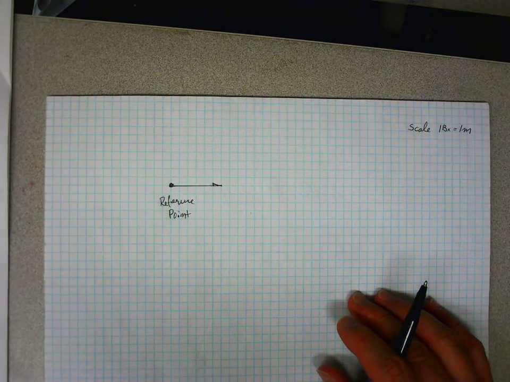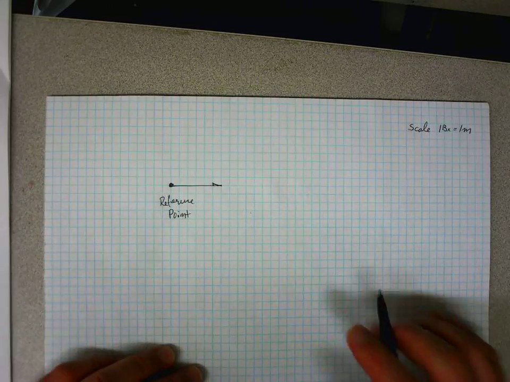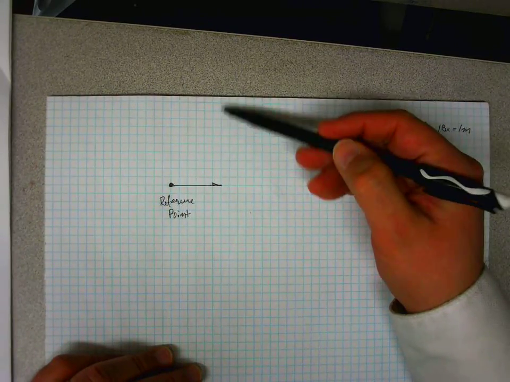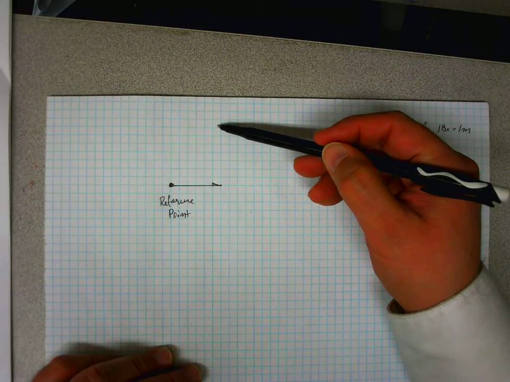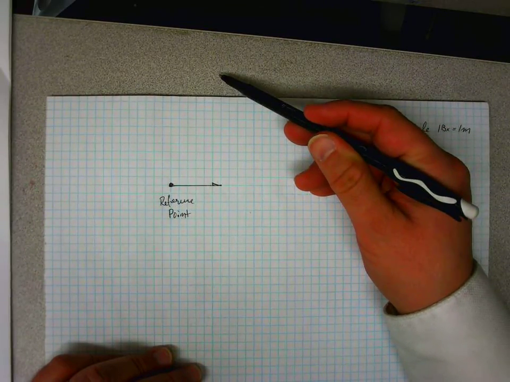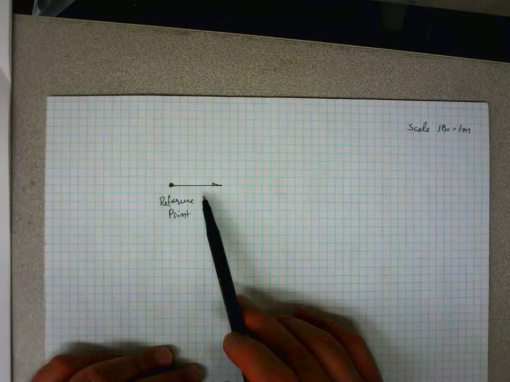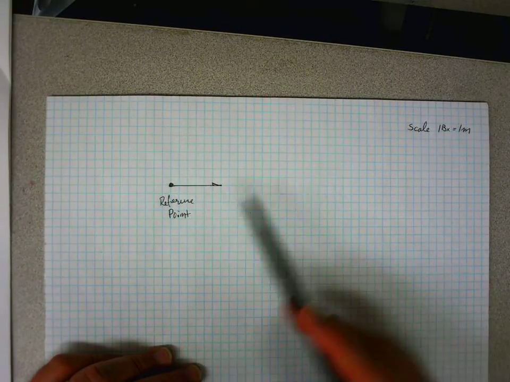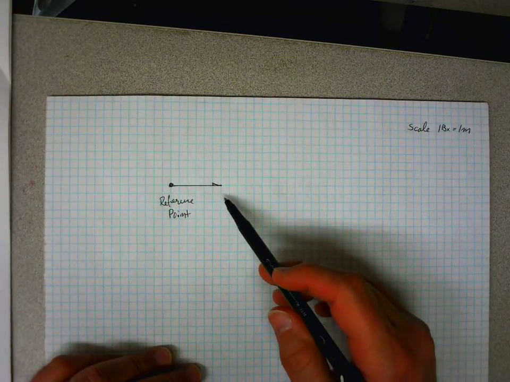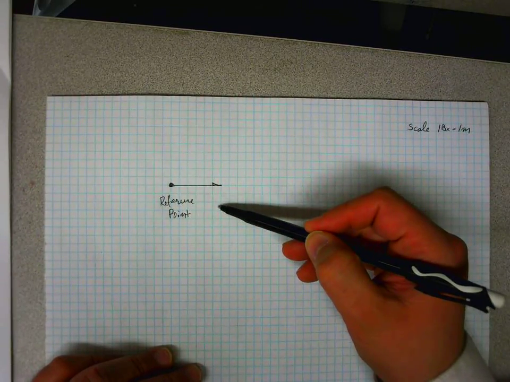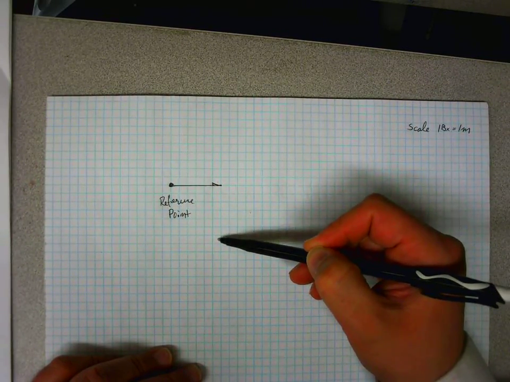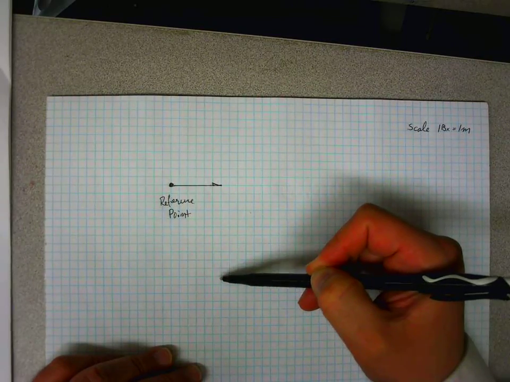Then she takes 12 meters north. Now 12 meters north would be 12 boxes up this way. 1, 2, 3, 4, 5, 6, 7, 8, 9, 10, 11, 12. So I apparently did not make this long enough. So what I'm going to do is count going downwards instead. 1, 2, 3, 4, 5, 6, 7, 8, 9, 10, 11, 12.